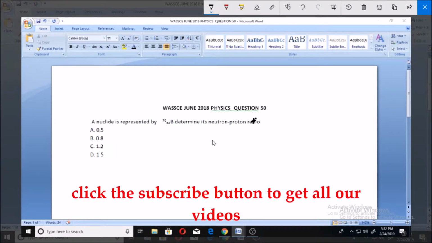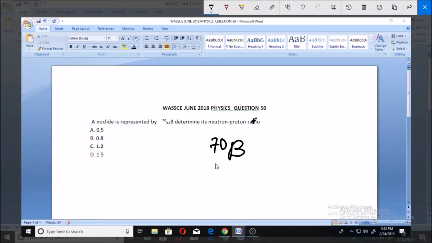Now, given that we have 70B32, it means that 32 is the atomic number, whereas 70 is the mass number.